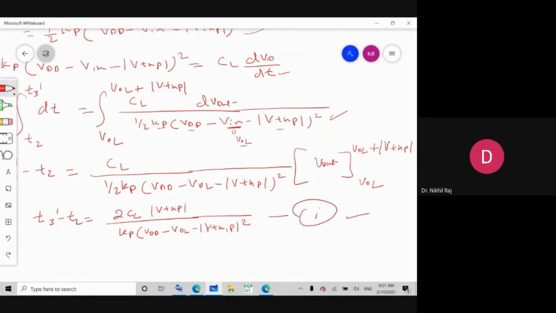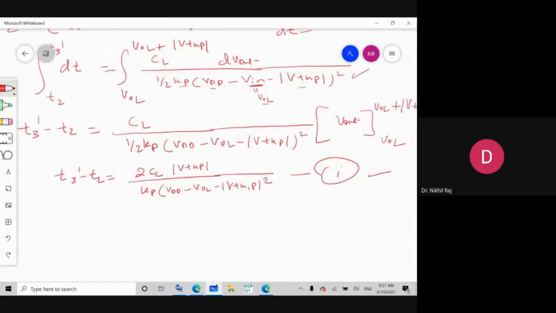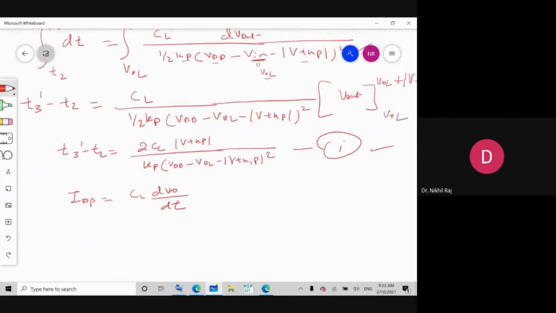Okay. Now similarly we will go for the second half, where the PMOS enters into the linear region. So again that equation, IDP is equal to CL dV out by dt. This IDP will be equal to, because it is in the linear region, so we will use the linear region equation.